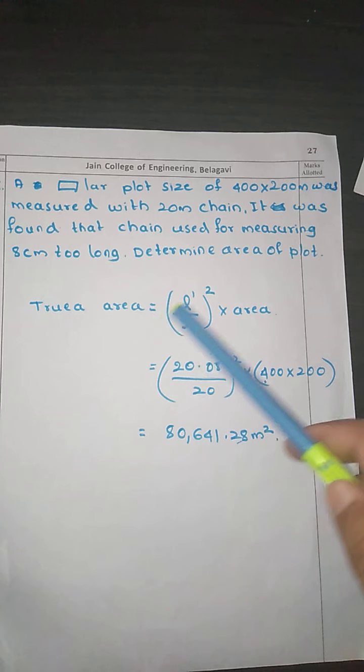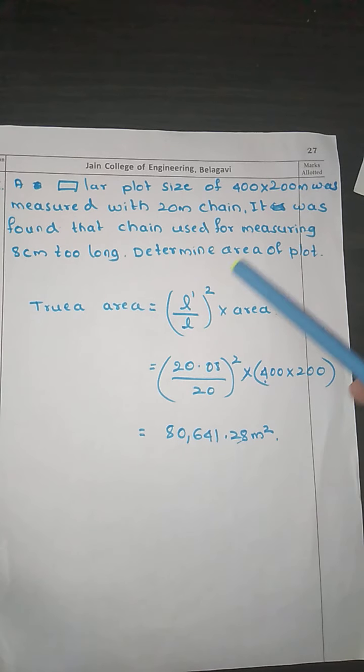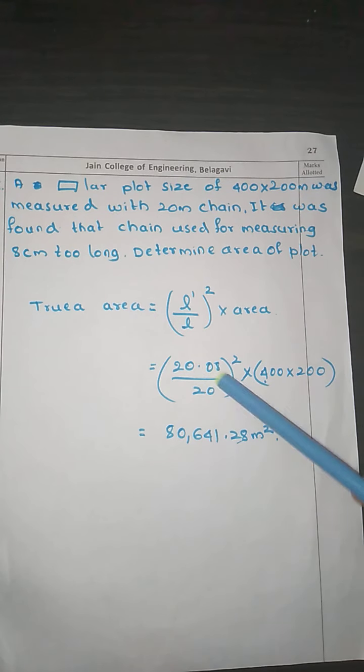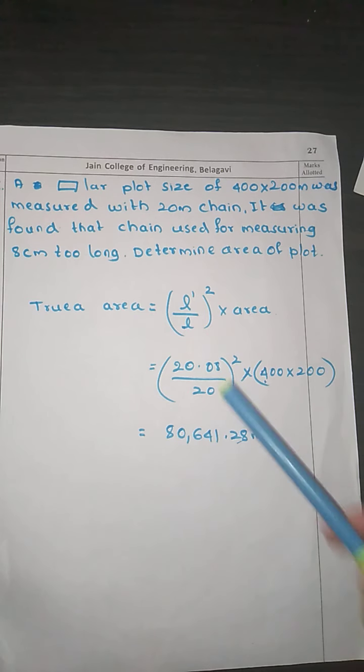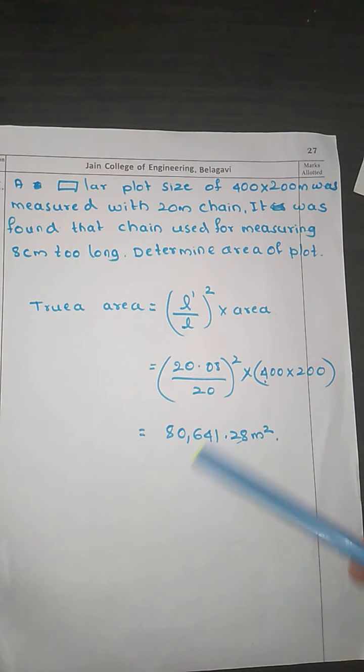The true area is equal to L dash divided by L, the whole square, into the area. Now L dash is your faulty length of the chain, that is 20.08 divided by 20, the whole square, multiplied by 400 into 200. Here the true area will become 80,641.28.